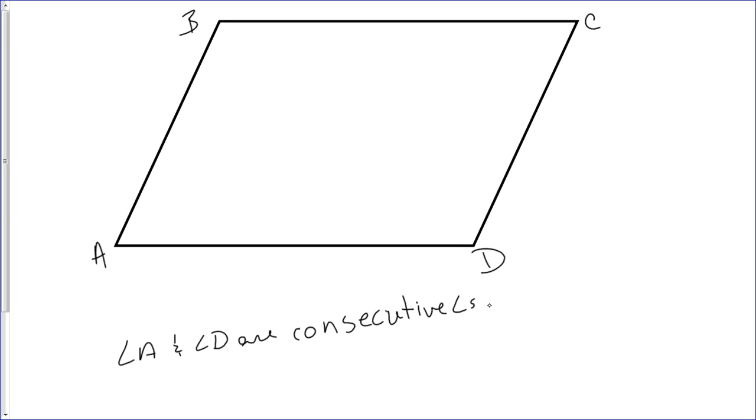A and B are consecutive, C and D are consecutive, B and C are consecutive. Angles that share a side are consecutive angles.